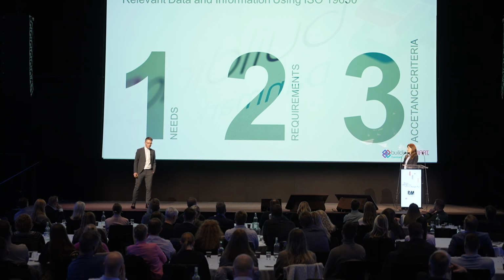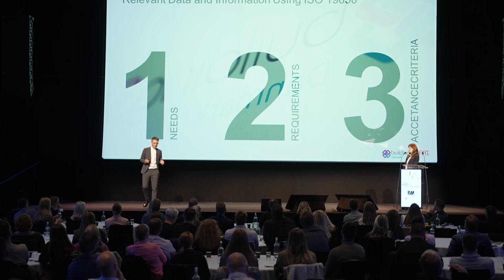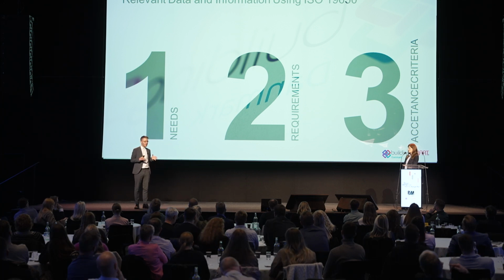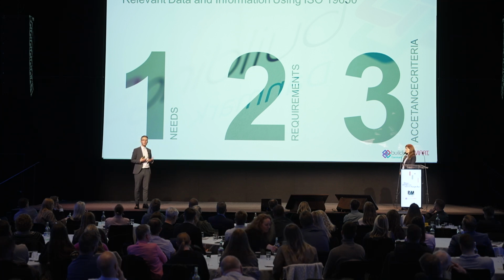ISO 19650 actually states that a client needs to go through these steps if we want to get some relevant information. And these are, as I read it, an essential part of the standard. So as a client, you need to look at your needs. When you know your needs, you can develop your requirements. There's a connection, of course.